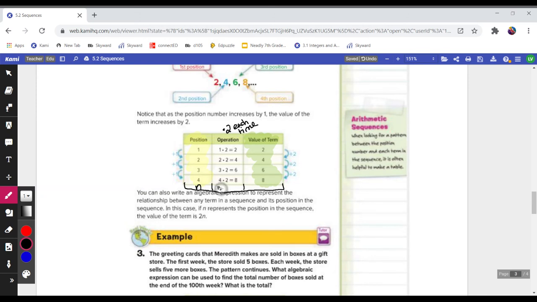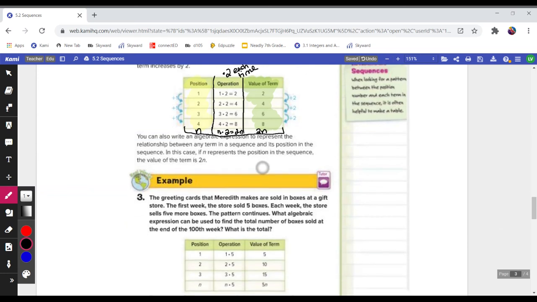So my nth position times 2 is going to be 2n. So the value of the term is 2n. I'm just extending my table. So in this case, if n is the position in the sequence, the value of the term is 2n.